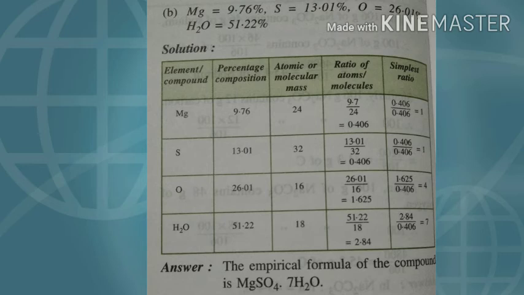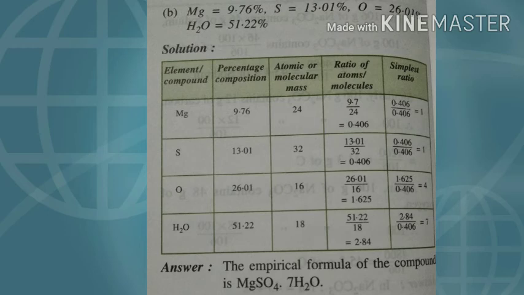For the third one, that is for oxygen, the simplest ratio is 1.625 divided by 0.406, that is equal to 4. And for water molecule, it is 2.84 divided by 0.406, that's equal to 7. Now we got the simplest ratio.